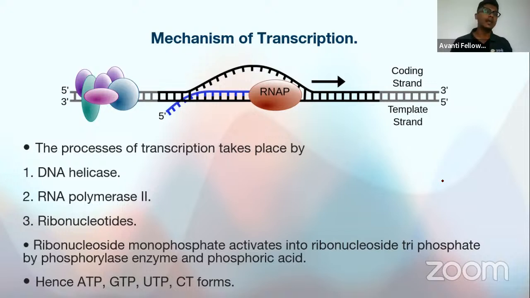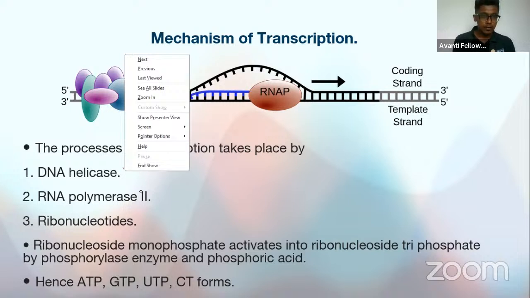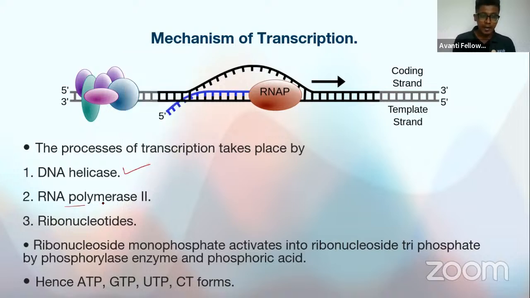Like you saw in DNA replication, where we involve many proteins and enzymes to accomplish the process, similarly, transcription requires minimum ingredients. What are those? DNA helicase, RNA polymerase, ribonucleotides, etc. We know DNA helicase is required to unwind.